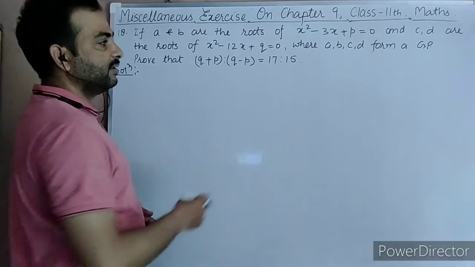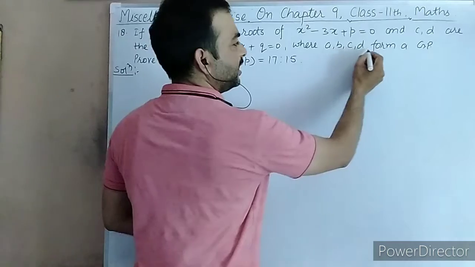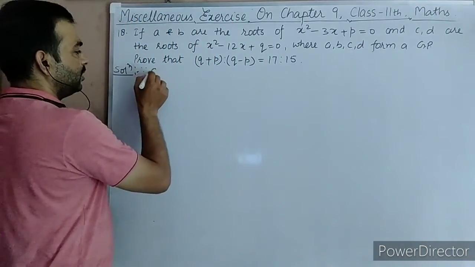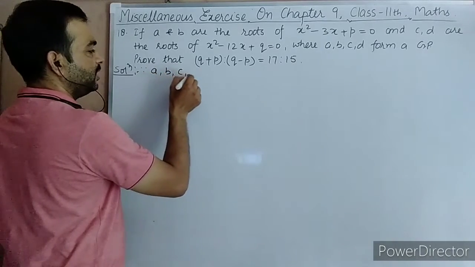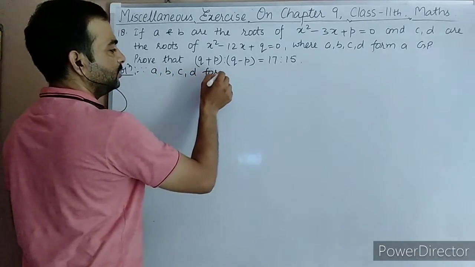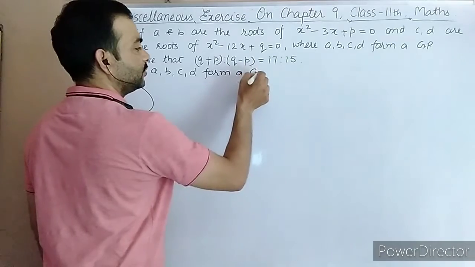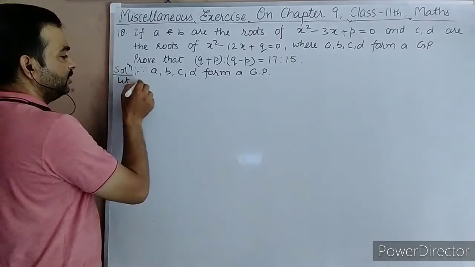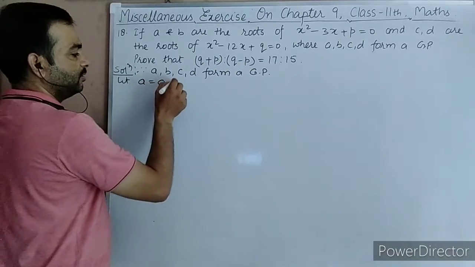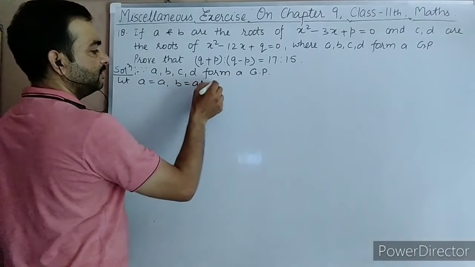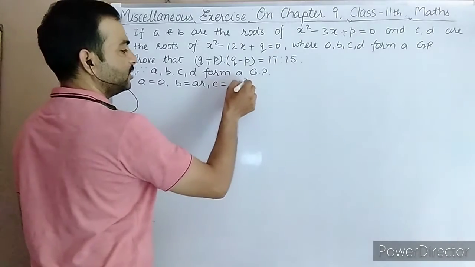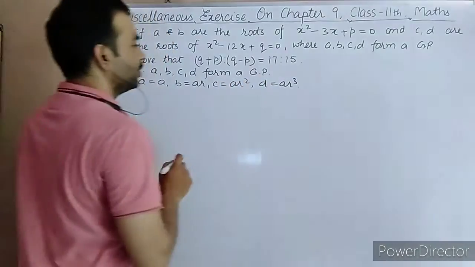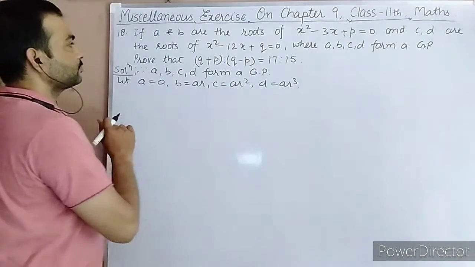First of all, we see here a, b, c, d form a GP. Since a, b, c, d form a GP, therefore we can assume a is a, b is ar, c is ar², d is ar³ with common ratio r.